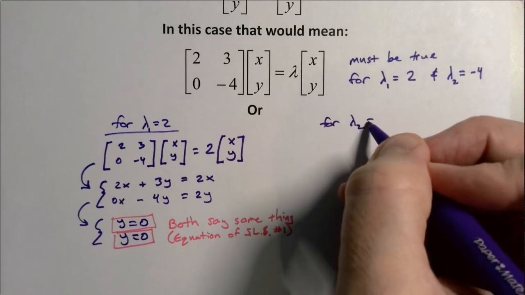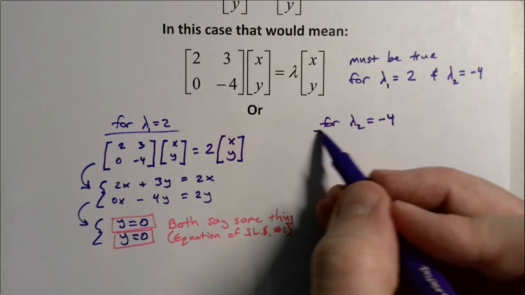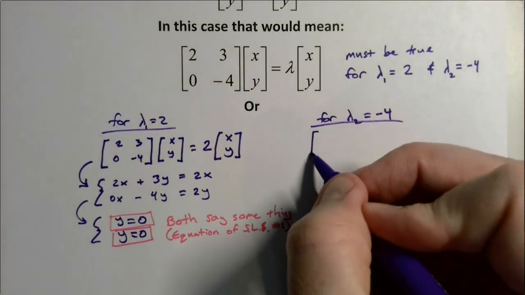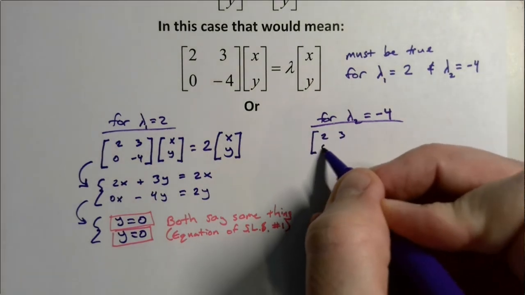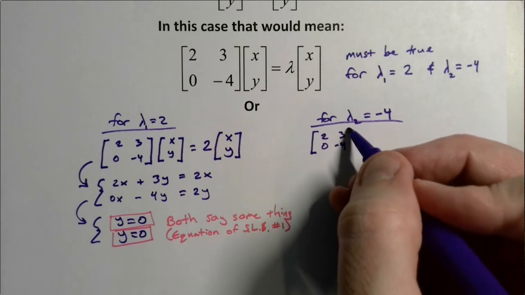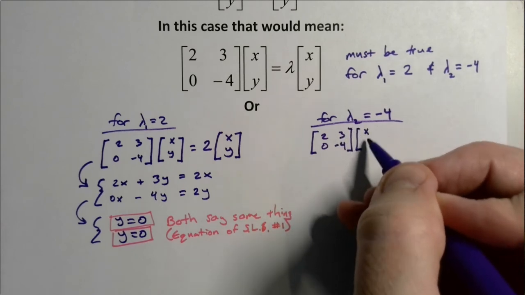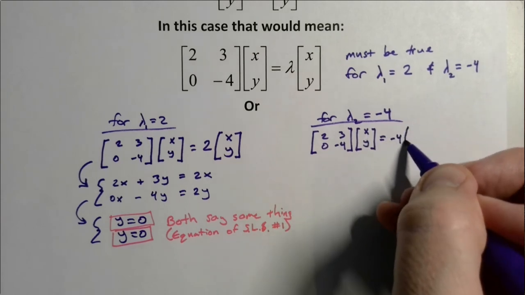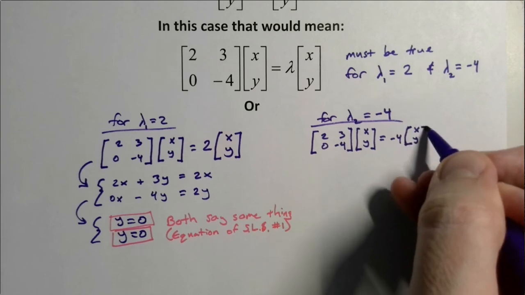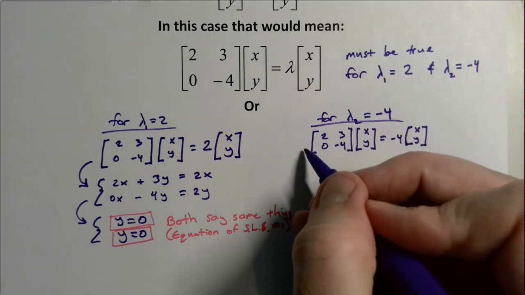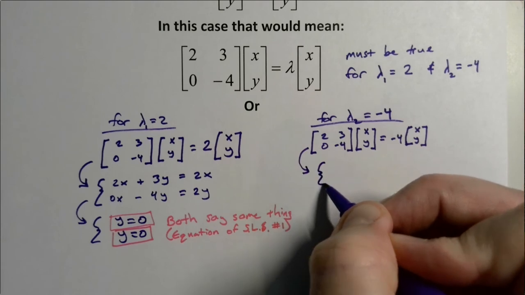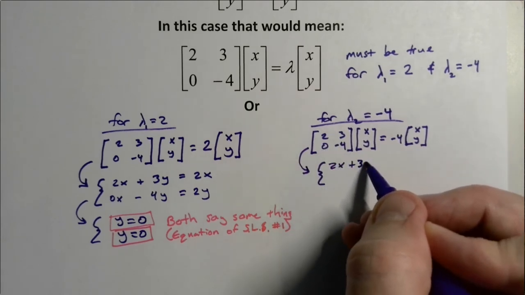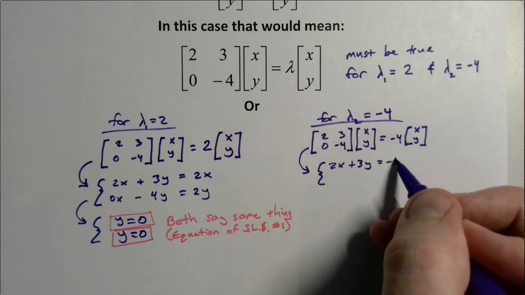For lambda 2 equals -4, what happens when we throw that into our matrix equation right here? Well, again, we have [2, 3; 0, -4] times xy, and that's got to be equal to -4 times xy. This turns into a system of equations. The top equation looks familiar, 2x plus 3y, but on this side it's equal to -4x.